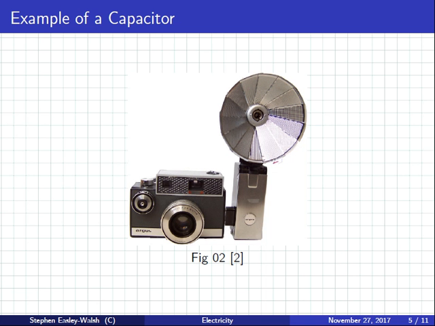Battery. No. You need to be thinking of something that releases energy quickly for a short time. Flash, yeah. What else? Another example. Radio. Projector. No. This isn't it. Radio?